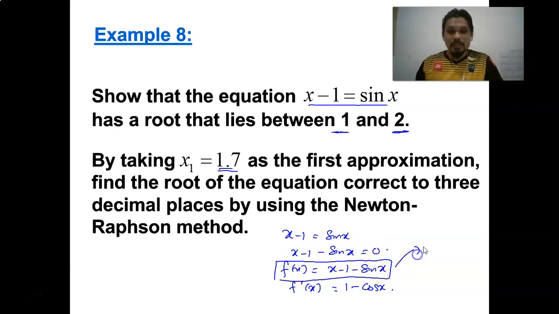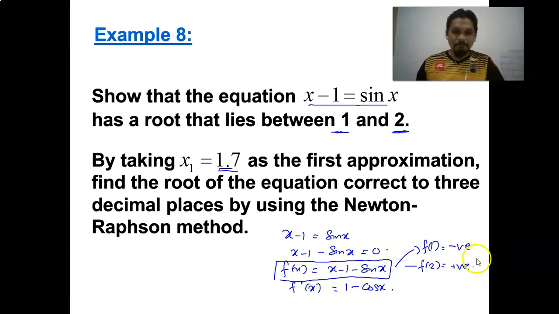Substitute with f(1) and also f(2). You may test using the calculator. Then here, f(1) is negative, you find the answers by yourself, and f(2) is positive.